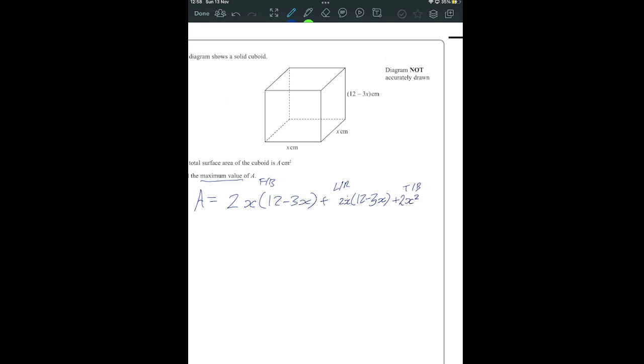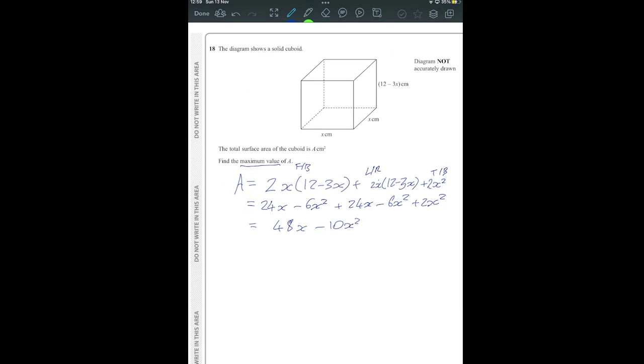I need two of them, so that's 2x squared. Let's expand, let's simplify, and we will get an expression for the surface area as 48x minus 10x squared. So that is an expression for the surface area.